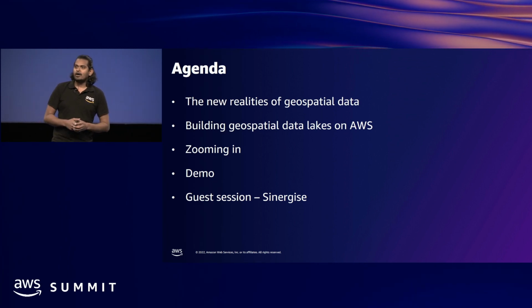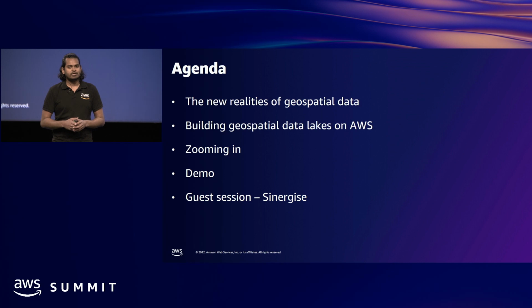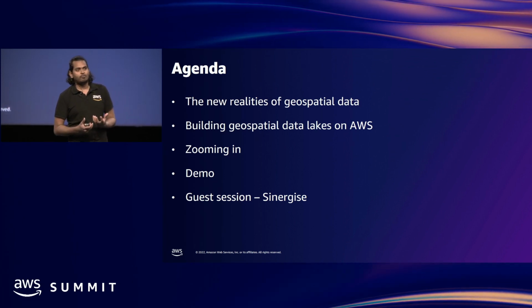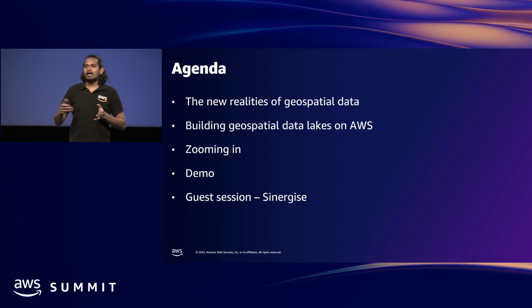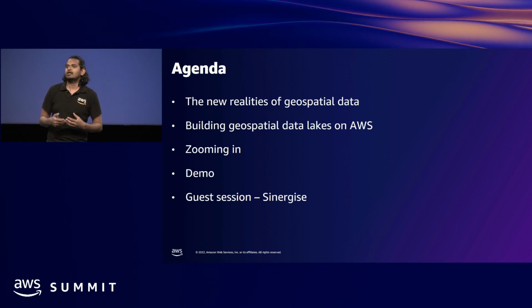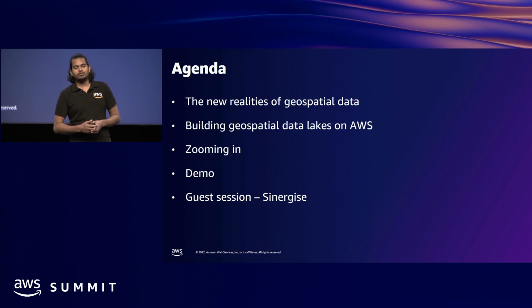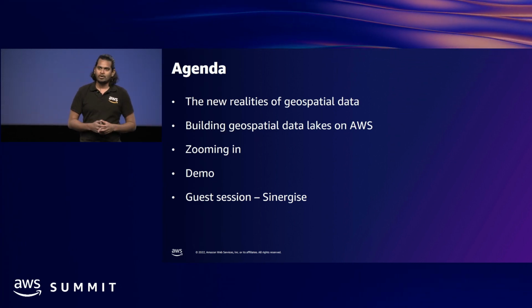Then we'll dive deep into some services which can help you build a data lake architecture, or data platform architecture, which can grow as per your needs and which can scale down when you don't need it to. And then finally, we'll bring it all together with a short demo which will be presented by my colleague Ankita.